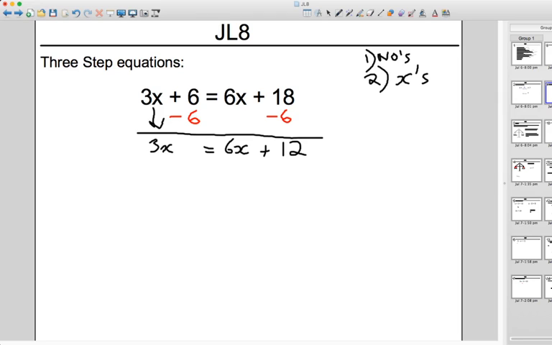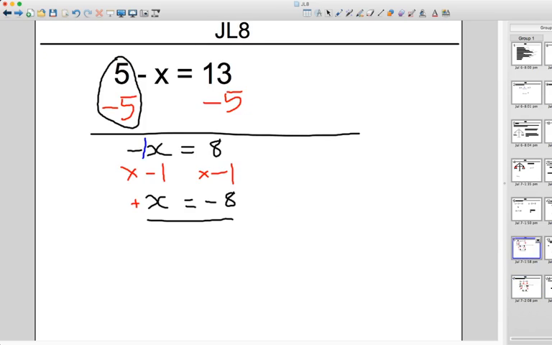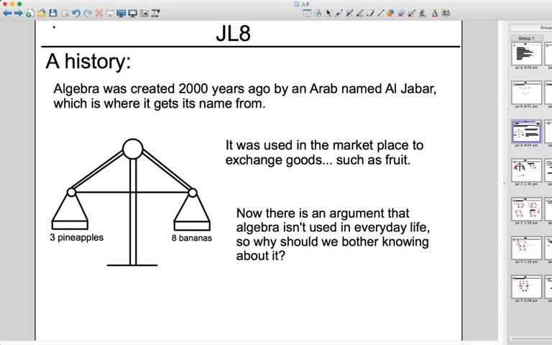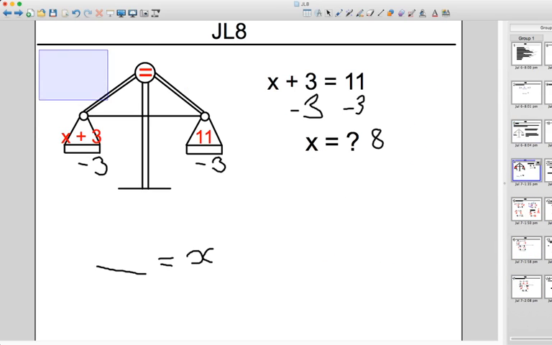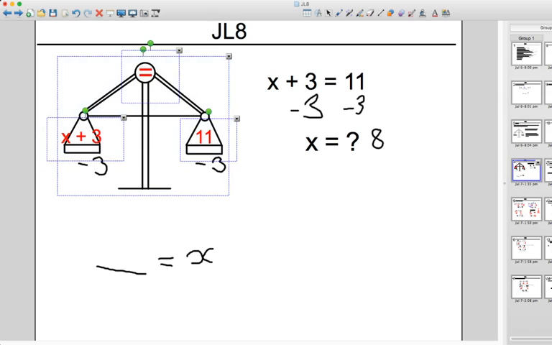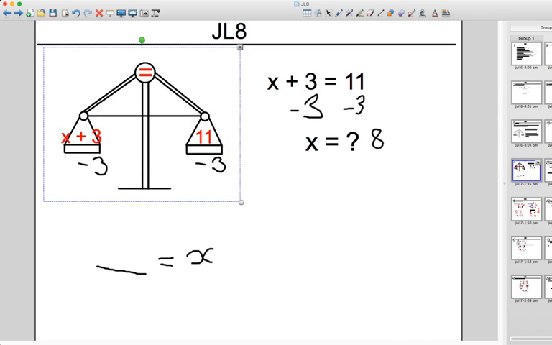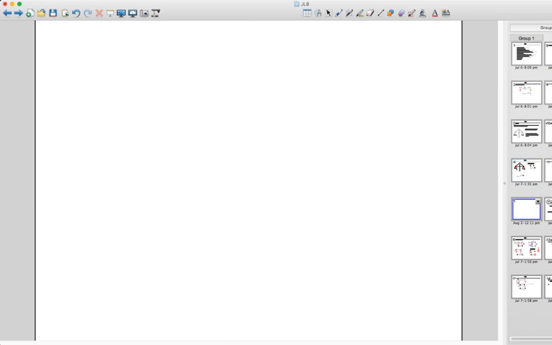It's not quite right. Remember on the scale, if I go back here to this, come on. What? No, I didn't want to do that.